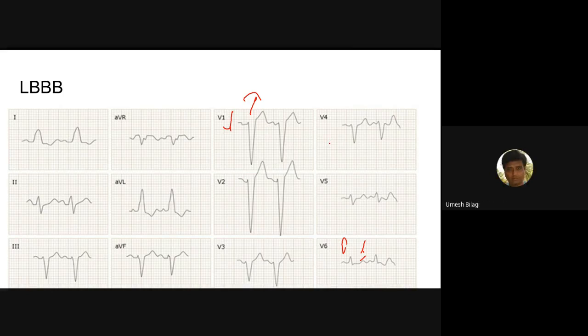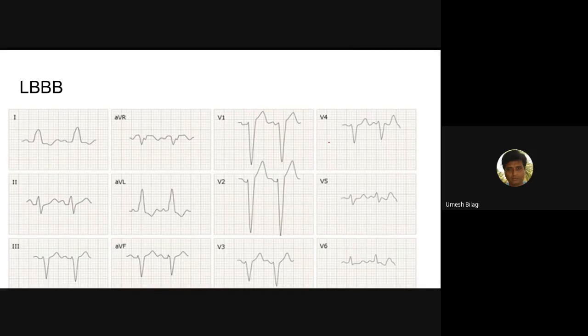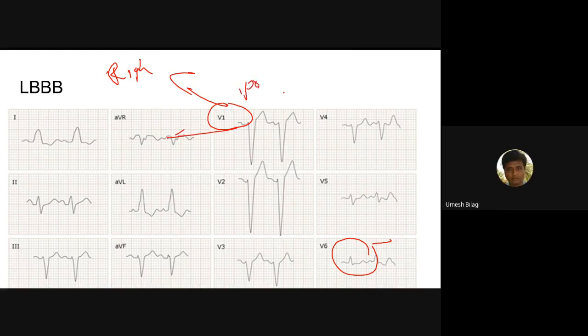I told you, if there is a block of the bundles, that ventricle will produce large voltage. So if the right bundle is blocked, the right ventricle will give larger voltage, and V1 is towards the right ventricle and far away from V6. So right bundle will produce V1 positivity more, V6 negativity, and the opposite for left bundle.